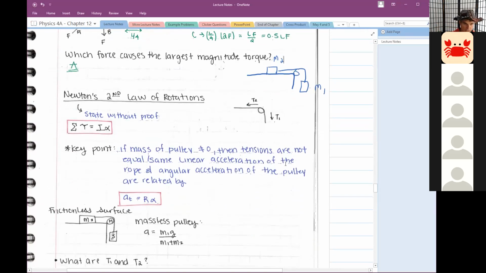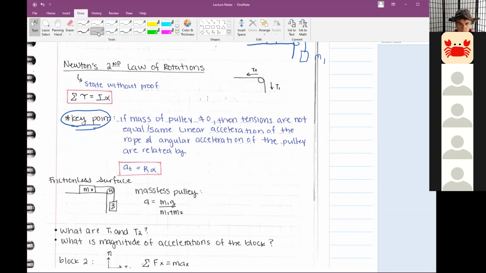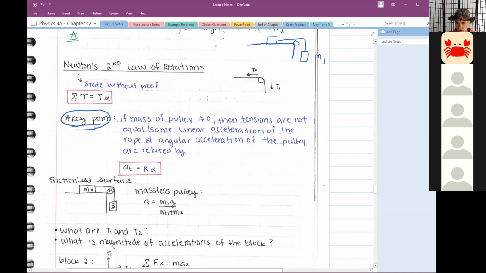Key point is this. If the mass of the pulley is not 0, there are two things you're going to need to know. One, tensions are not the same.